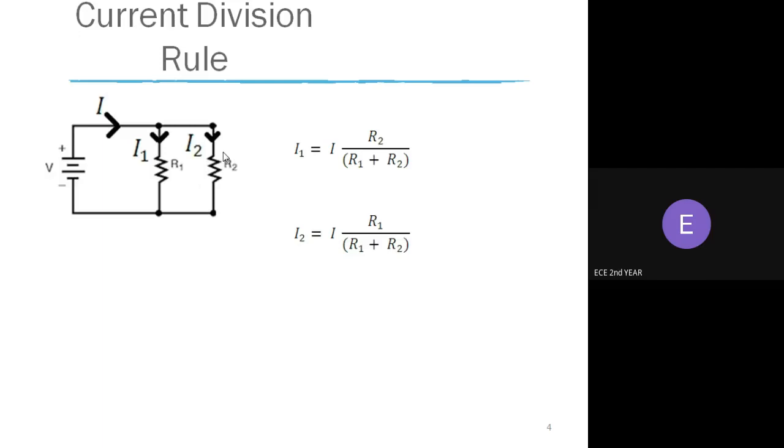Similarly, I2 is equal to total current I into R1, the opposite resistance, divided by the total resistance R1 plus R2. With the above formulas, we can calculate the individual current flow through the parallel circuit.